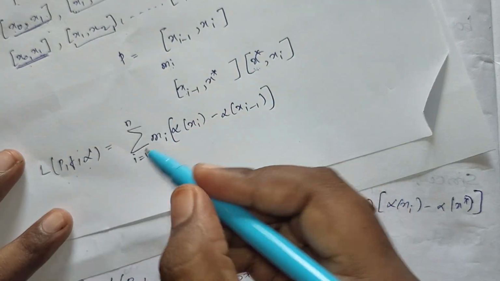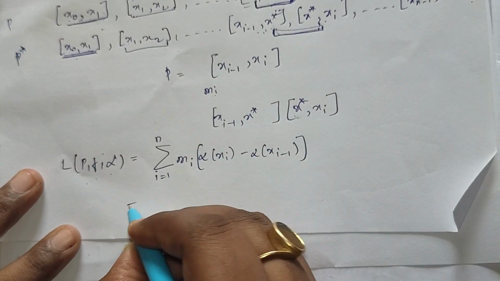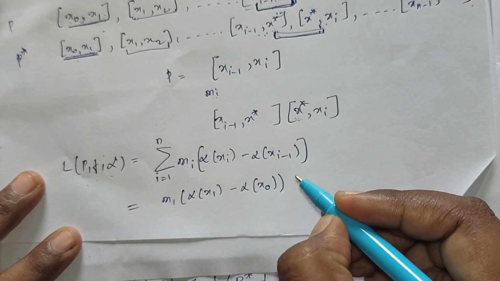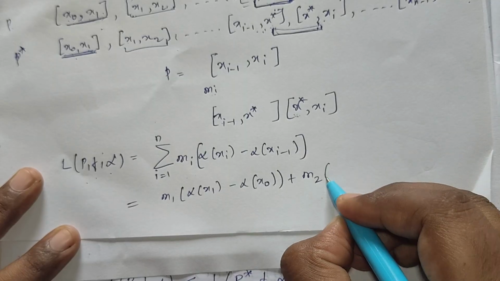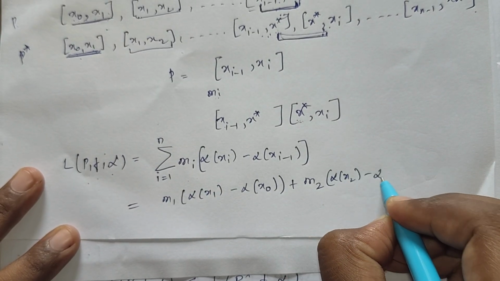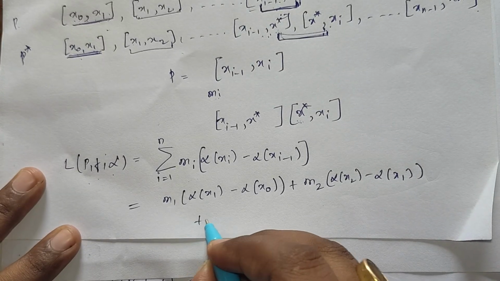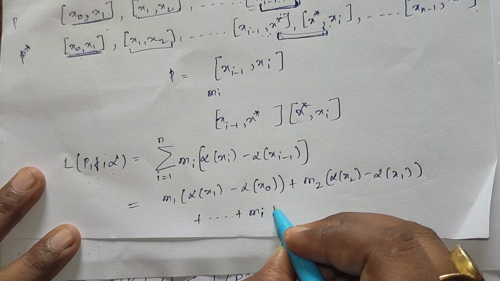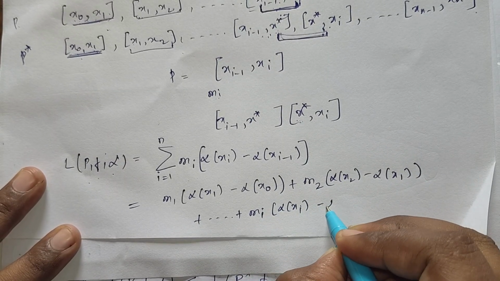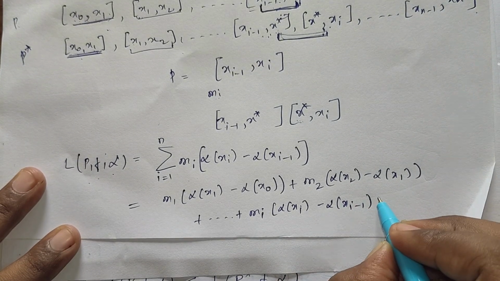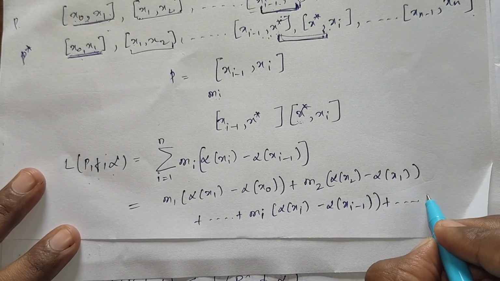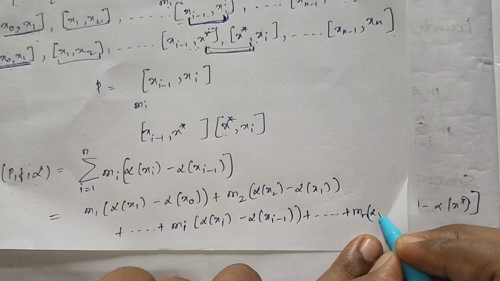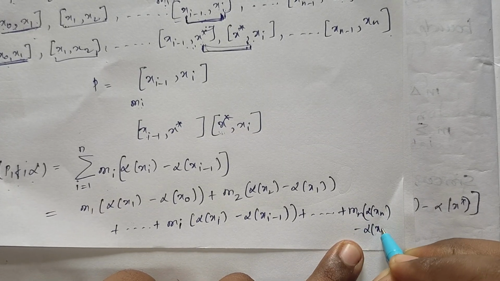So here, if you understand this, if I expand the summation, you will get like m1 into alpha x1 minus alpha x0 plus m2 into alpha x2 minus alpha x1 plus etc. up to mi into alpha xi minus alpha xi minus 1 plus etc. up to mn into alpha xn minus alpha xn minus 1.